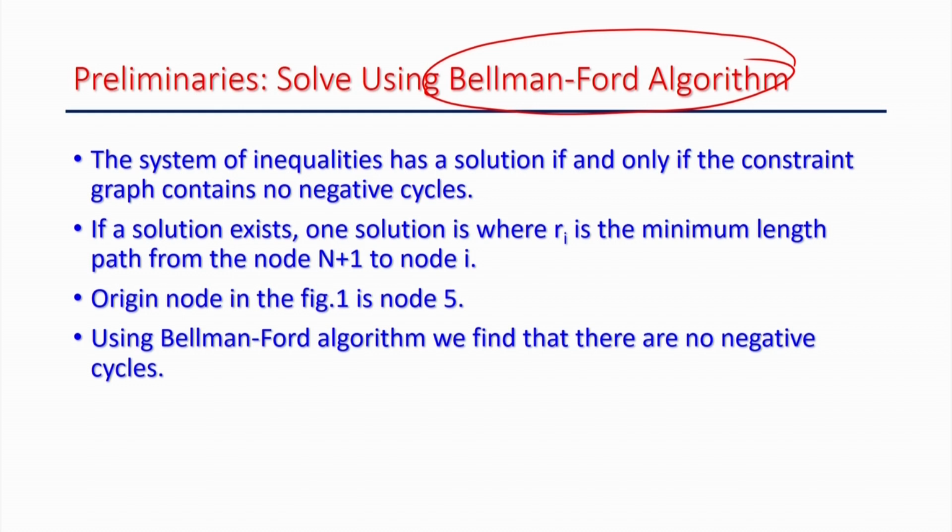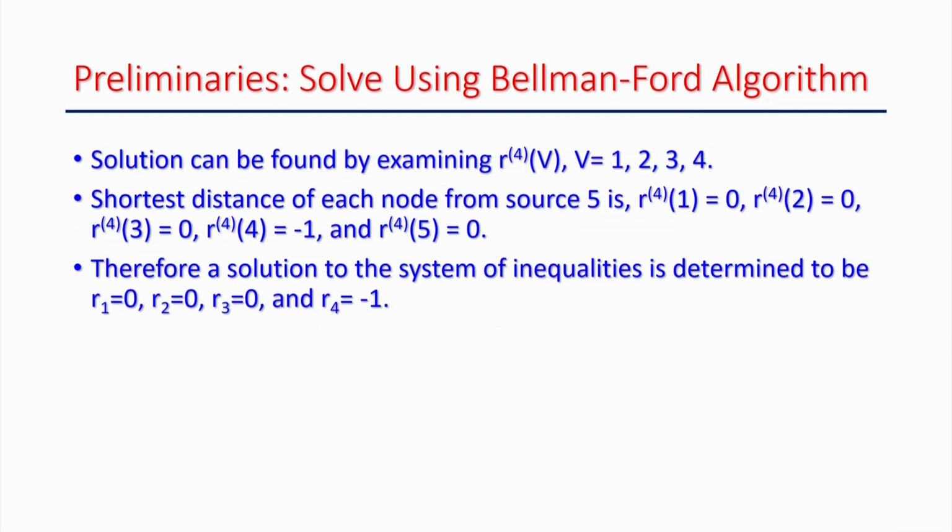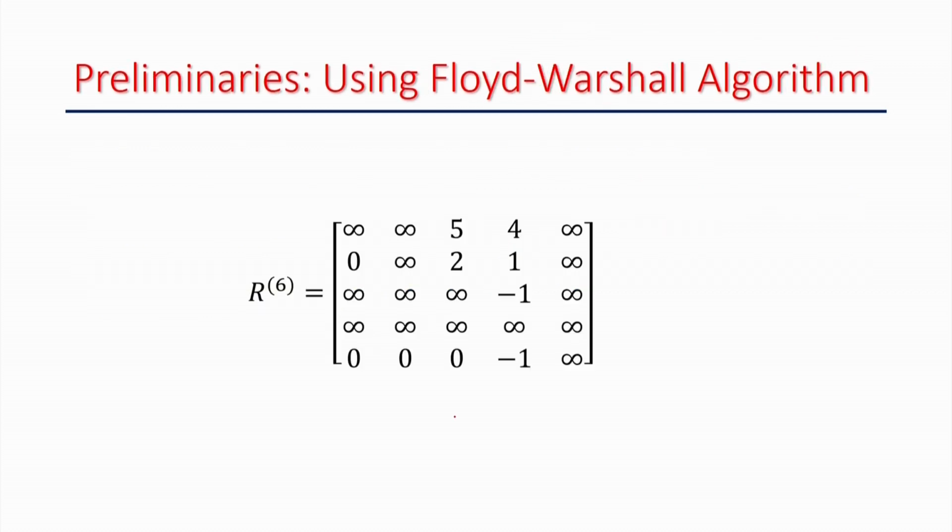So, it needs n iterations, because I have n variables here, and after n iterations I will get the shortest paths. The same solution I am going to get. I am not going to go into the Bellman-Ford algorithm, which we can learn from other sources.